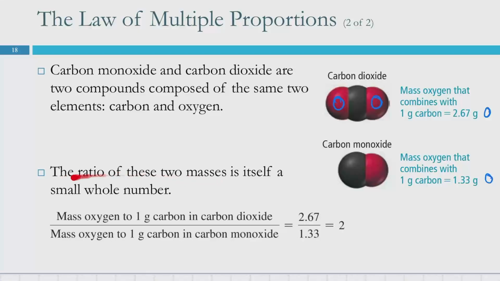If we take the ratio of those masses, so the mass of oxygen to 1 gram of carbon, so doing that same ratio that we did before, mass oxygen to 1 gram carbon in CO2, it's that 2.67 number. If we do the mass of oxygen to 1 gram of carbon in carbon monoxide, it's the 1.33 number. So we're dividing those two, and we get a value of 2.